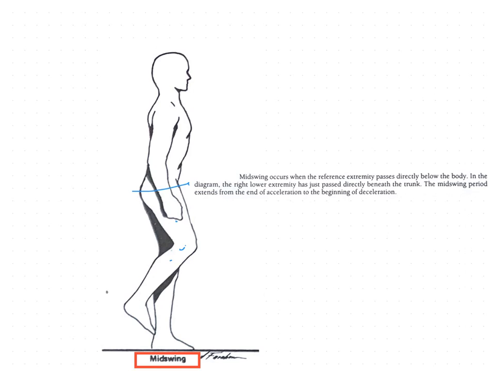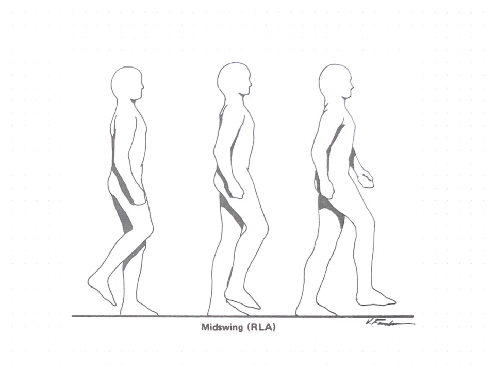And if you see the definition of RLA, mid swing is the period immediately following maximum knee flexion and continues until the tibia is in vertical position. So this is only the point of mid swing. Now what is the definition here? This tibia, again it has to come to vertical position. So when it comes to vertical position, now we will see according to RLA.